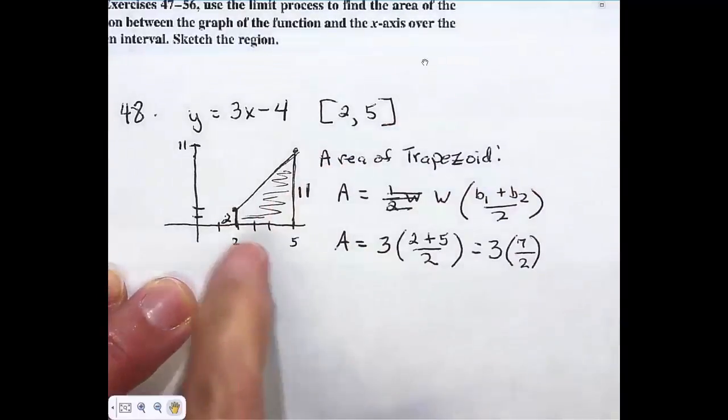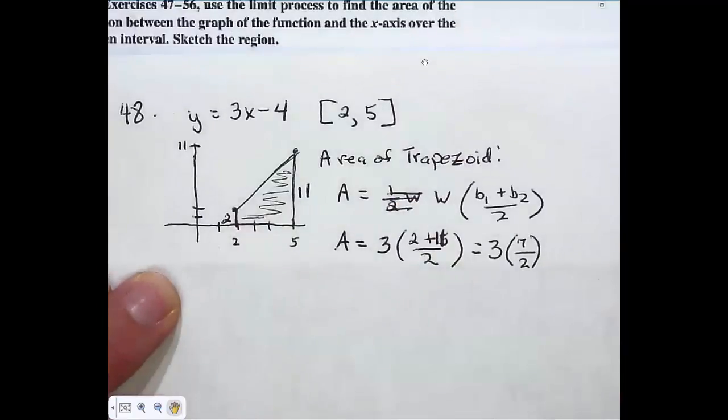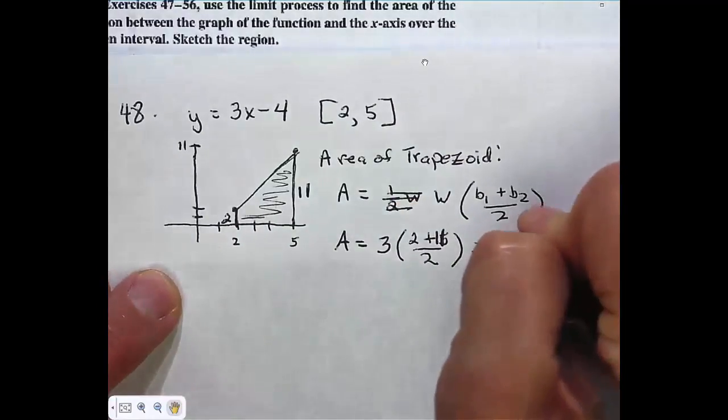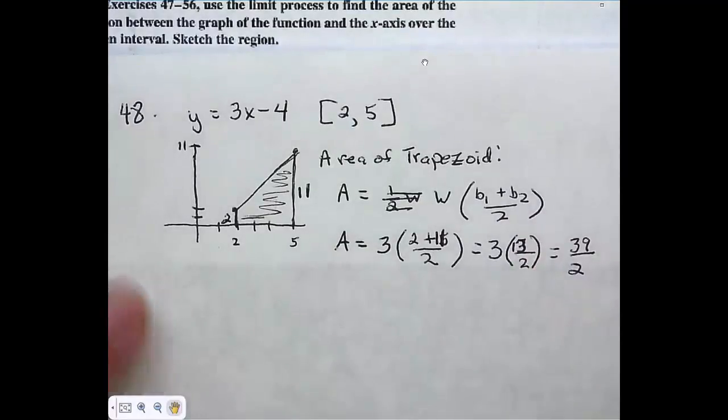I'm supposed to be averaging the 2 and the 11, not the 2 and the 5. So 13 over 2. It didn't take calculus to figure out the area of that trapezoid is 39 over 2. I just want to show that I can get the same area using that definition that we just saw.